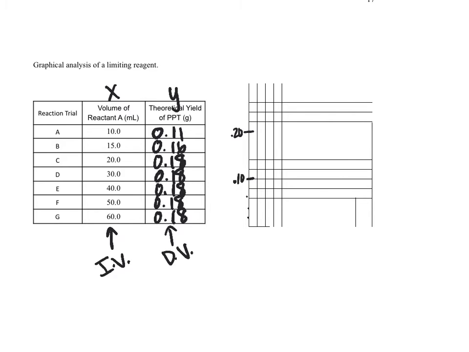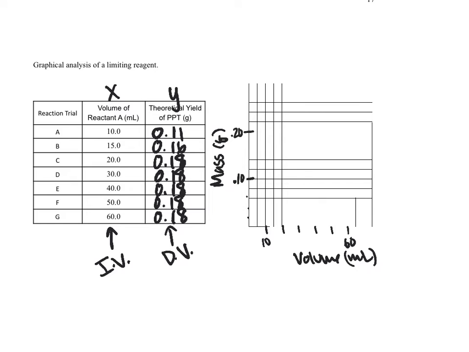And then in terms of our values here, 1, 2, 3, 4, 5, 6, 7, 8, 9, 10, 11, 12, 13, 14, 15. I think we can do 2 as well. So I think we can do 10, 20, 30, 40, 50, and 60 milliliters. So here we have our mass in grams, and here we have our volume in milliliters.